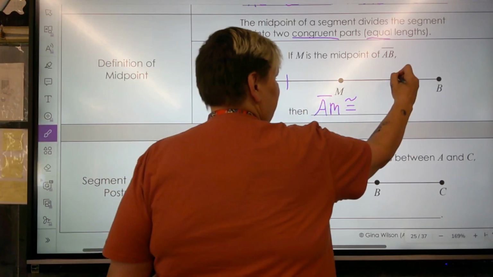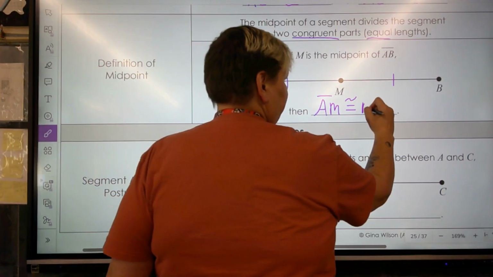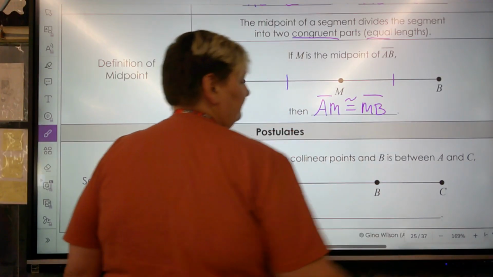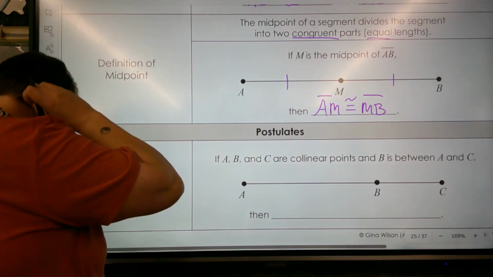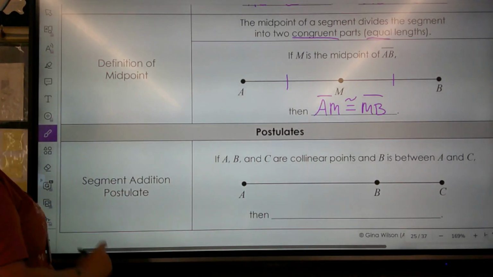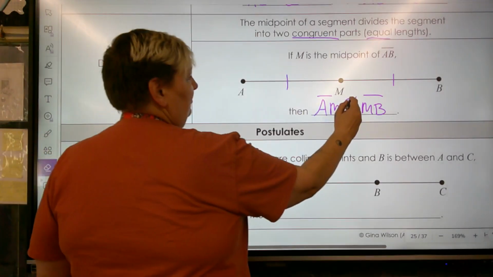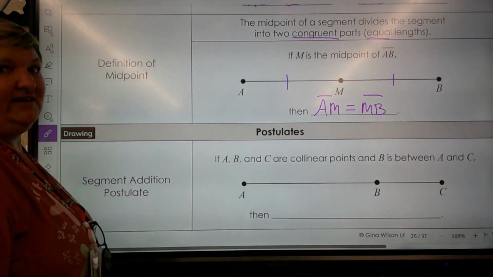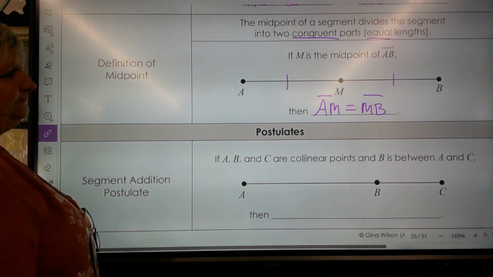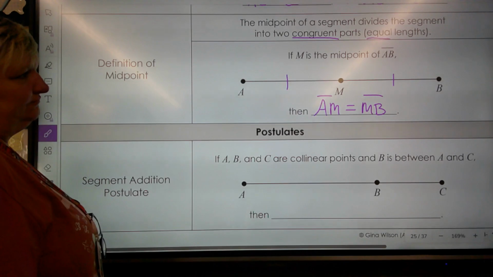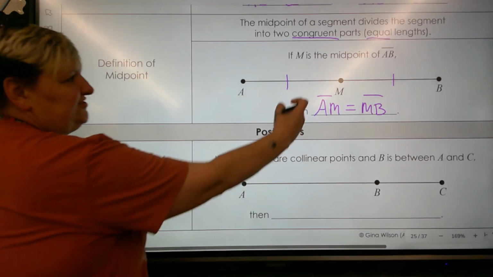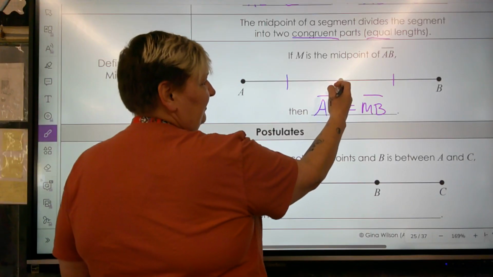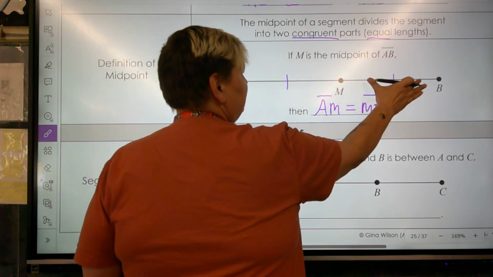This piece is equal to this piece. You could put equal or congruent. They're the same thing, people. If this is the midpoint, then this piece is equal to this piece.